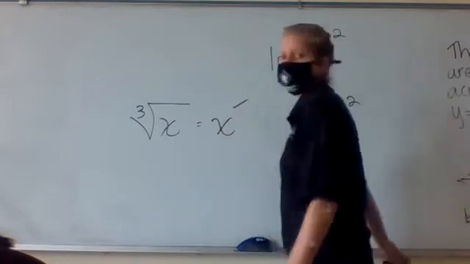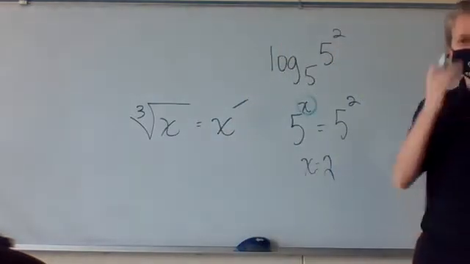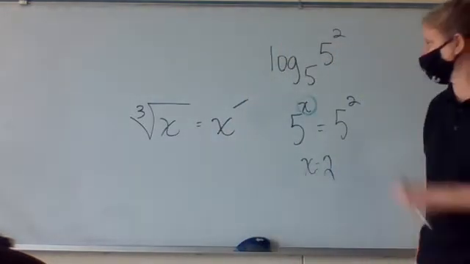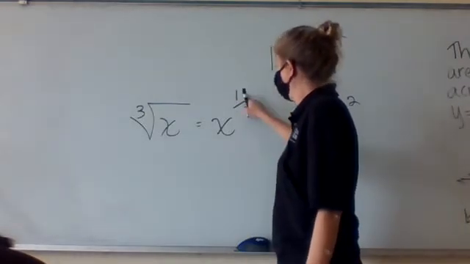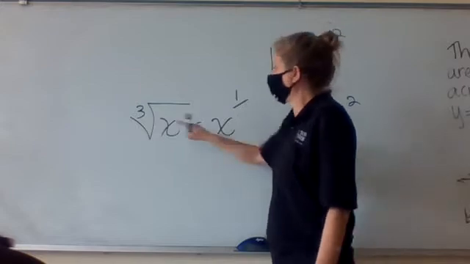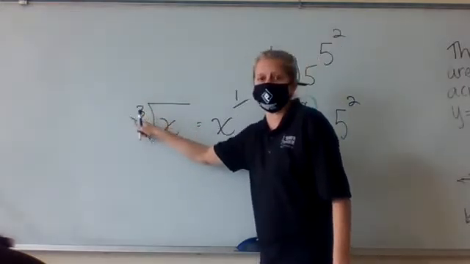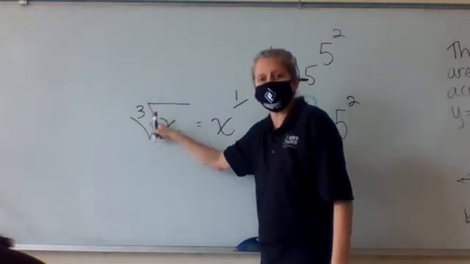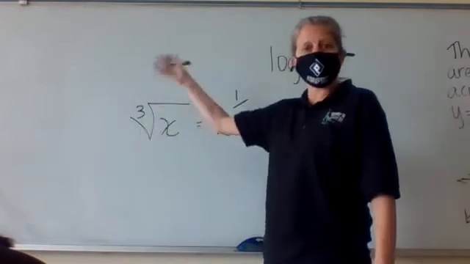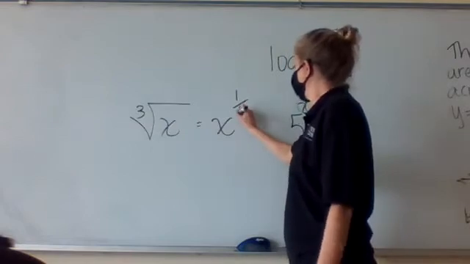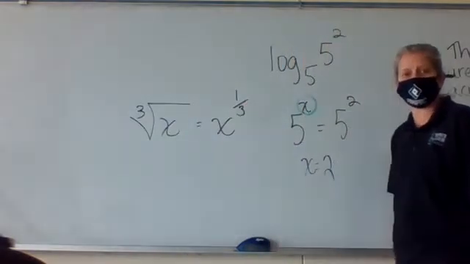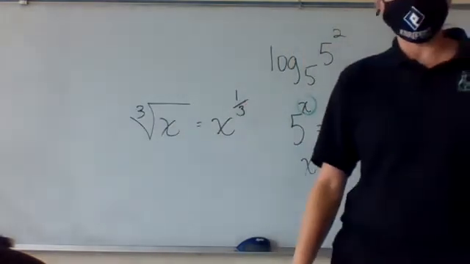So if my base is x, the numerator of your fraction will be a 1. The denominator will be the index, the number that's in the little root house. So the cube root of x is the same thing as x to the 1/3 power.